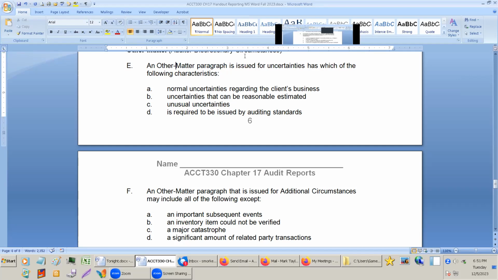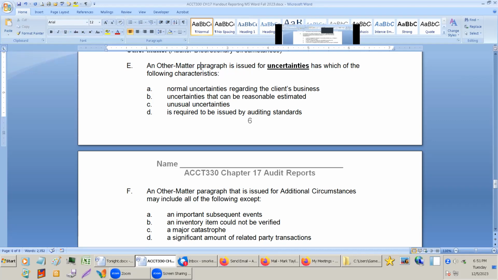So other matter uncertainties, well, uncertainties by definition means that you don't know exactly what the impact is.